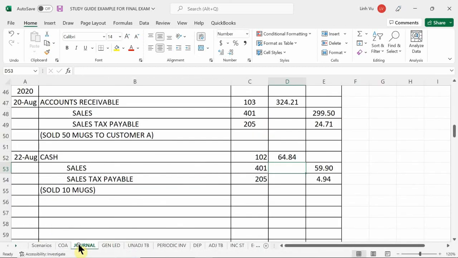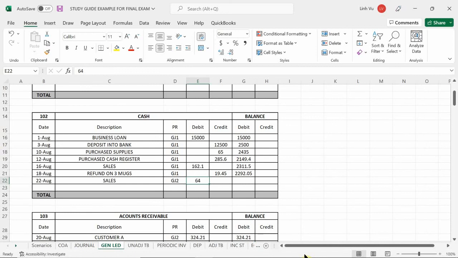Let me double confirm. 64.84. Good. So therefore, how much cash have I received? Now we have $2,356.89. Okay.